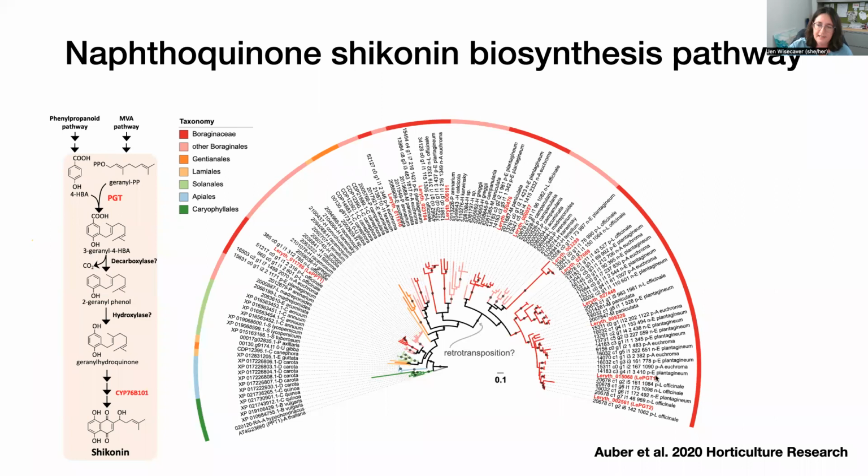PGT1, I'll say, is shown to be the dominant player in the pathway in planta, at least in our experiments. But you see that gene duplication playing a role in the evolution of this specialized pathway.